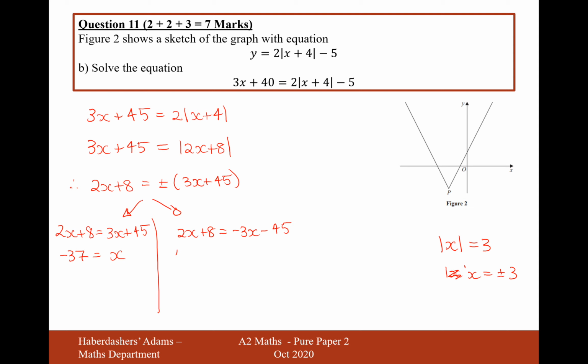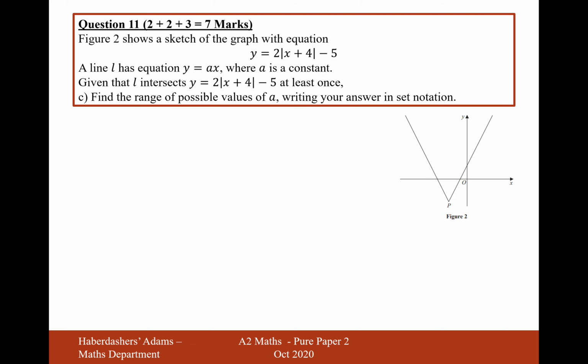So let's now move the 3x onto the other side, so that'll now be 5x on the left, and then minus 45 minus 8 will give us minus 53. So therefore, x equals minus 53 over 5. So there we are, that's the solution for this equation: x equals minus 37, or x equals minus 53 over 5.